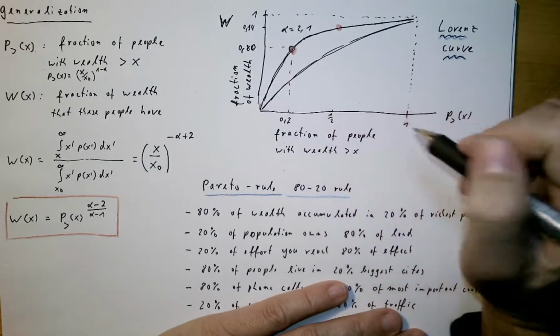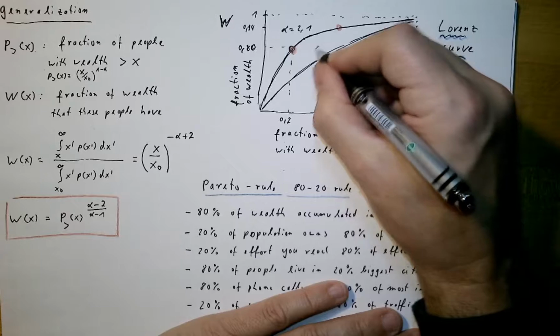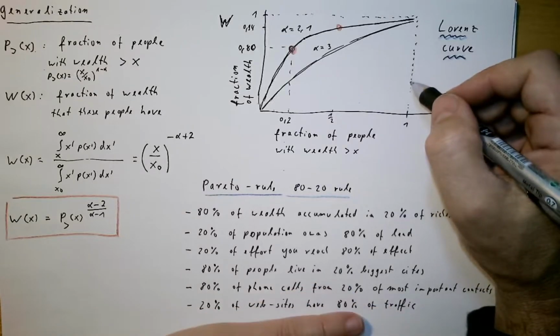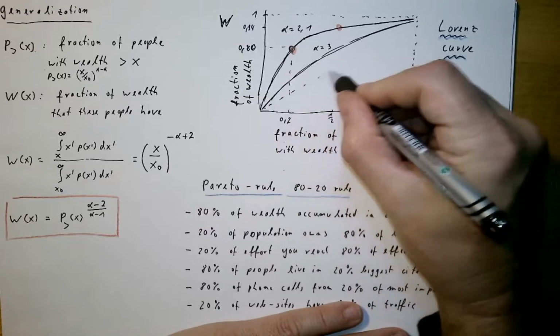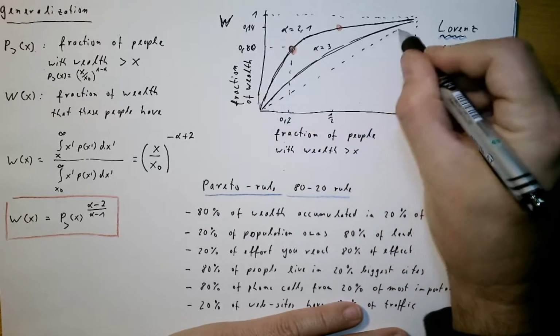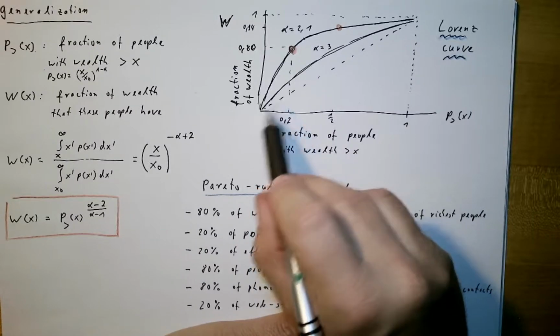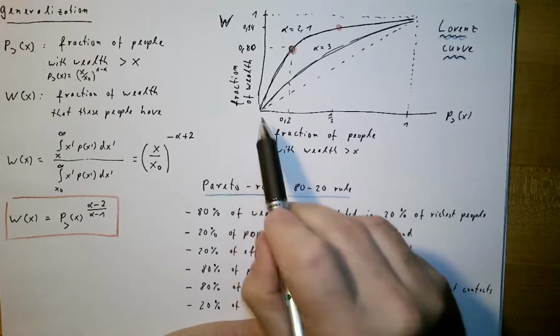For example, this is how the Lorenz curve looks if we have alpha about 3. And now the perfectly equal curve would be a Lorenz curve which goes like this. That would be an equal distribution, because then the wealth would be totally equally distributed among people. Everybody has the same amount.